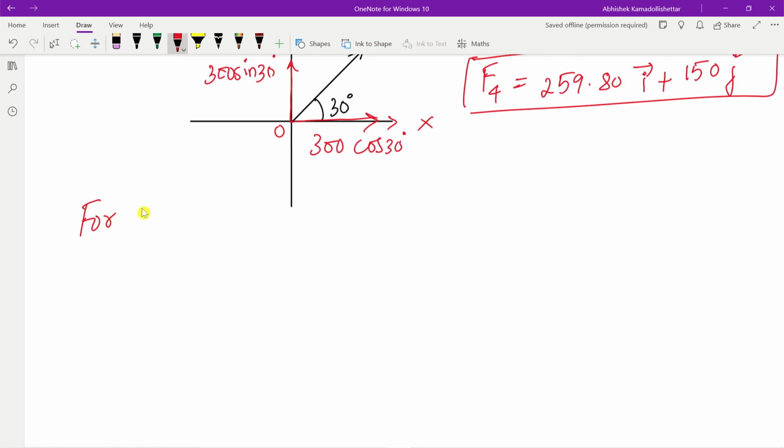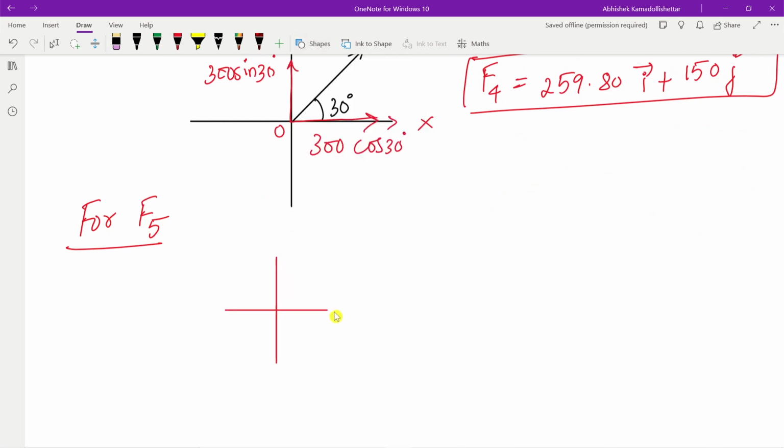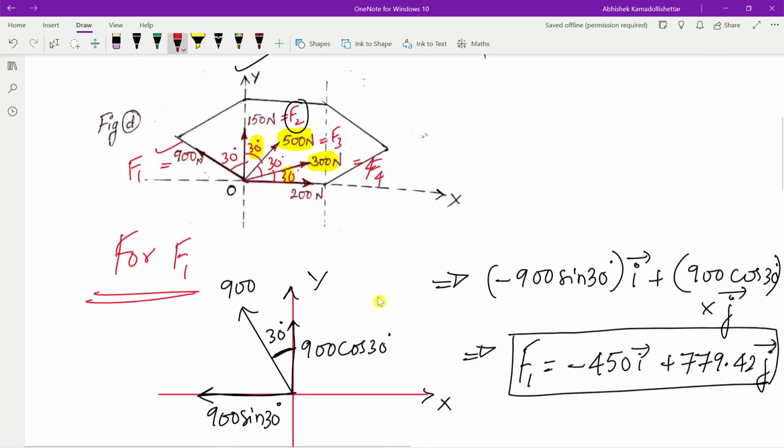Lastly, for force F5, this would be very simple because the force F5 does not have any included angle.